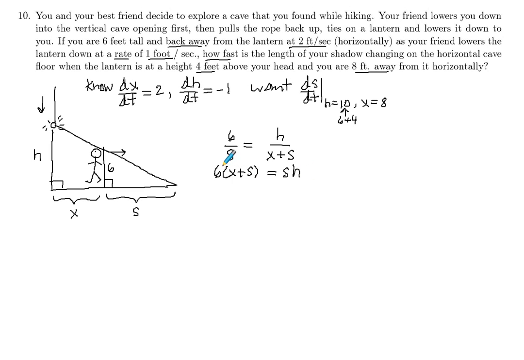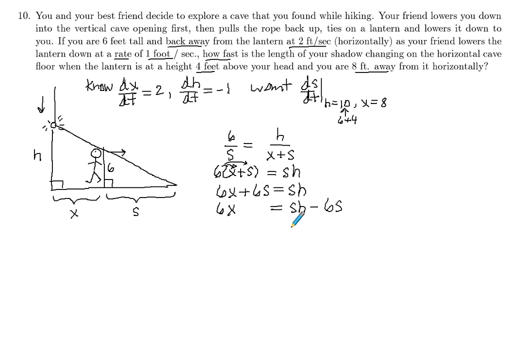And let's go ahead and multiply our 6 in. So 6x plus 6s equals sh. Now let's bring the 6s over here on the right as a negative, because we want to get our s terms on the same side. So 6x is going to equal sh minus 6s.